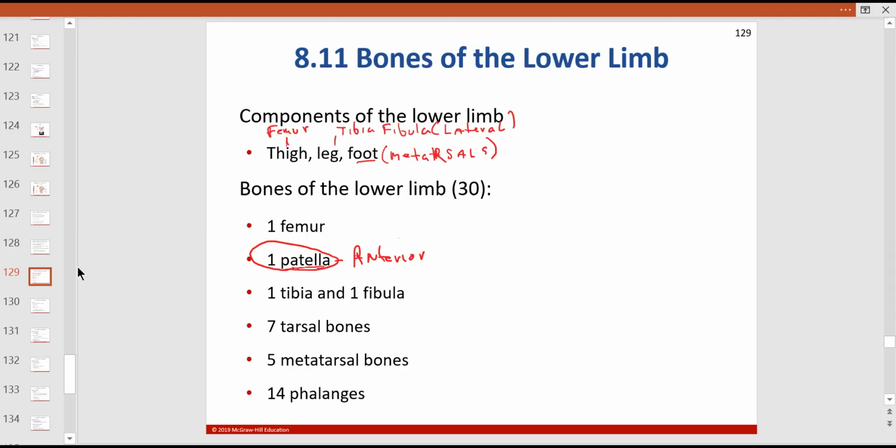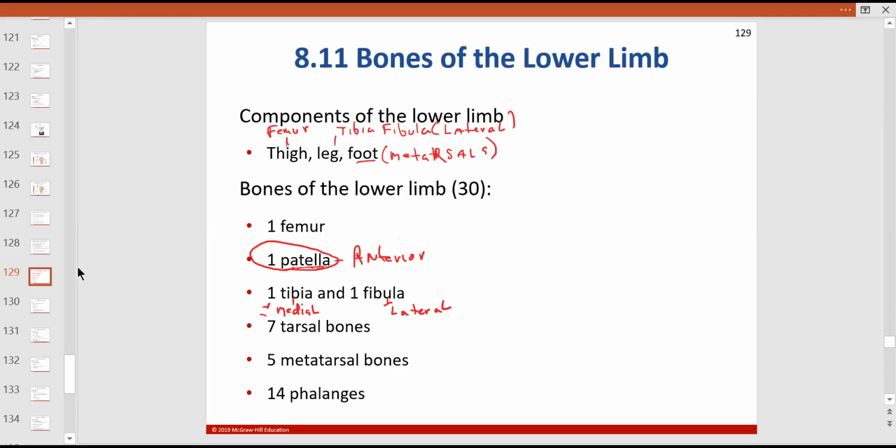And below the patella is the patellar ligament. So the patellar ligament attaches the patella to the tibia. Tibia, remember, is always medial. There's one tibia on each side. Not just one tibia. Technically, there's two tibiae. Fibula is lateral. And the tibia bears more weight and it's thicker, much thicker.